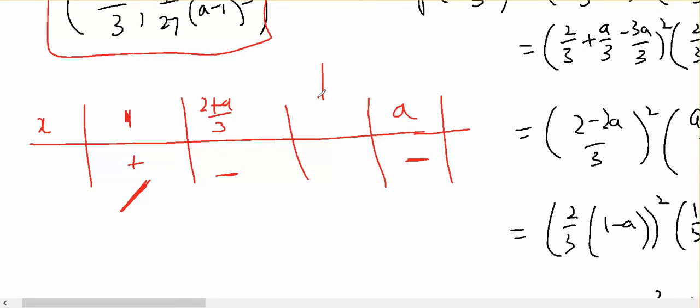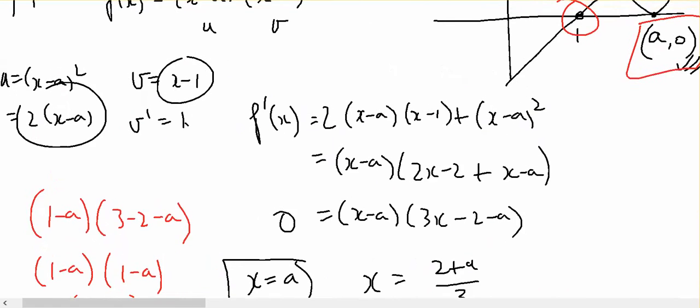I now have to find a value in between (2 plus a) on 3 and a, and then I've got to find a value that is bigger than a, so I might go a plus 1 for this side.